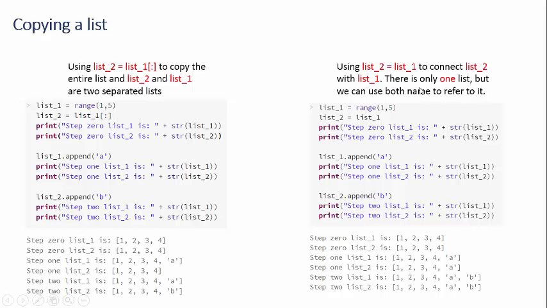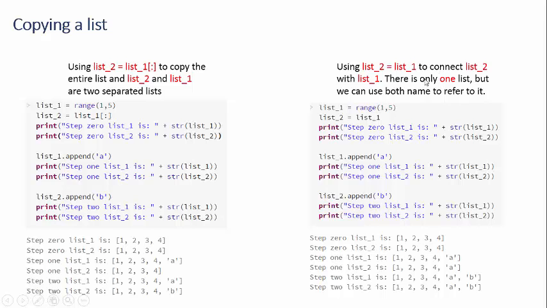Basically, there's still only one list, and both list_2 and list_1 are referring to the same list. When you do some operation on list_1, it automatically applies the same operation to the original list, and when you look at list_2, it will show the same operation.